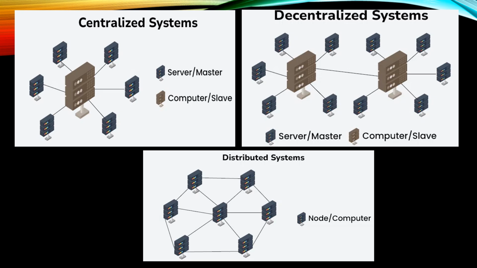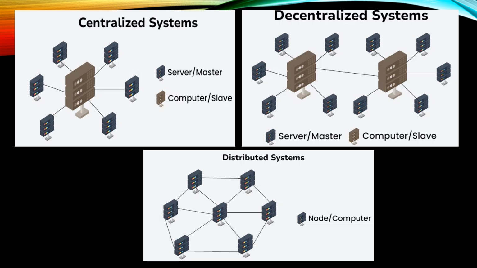In the centralized system, as I told you, there is one central server and many nodes are connected together, and a node can be a computer. The central server is the master and the other nodes are the slaves. In the decentralized system, we have multiple servers which are interconnected together.